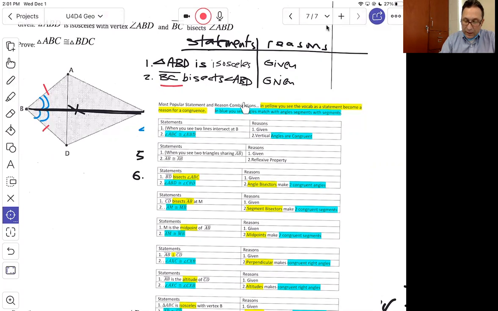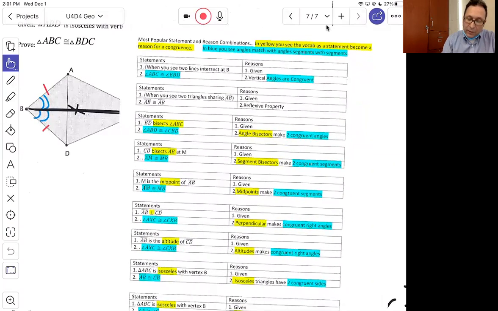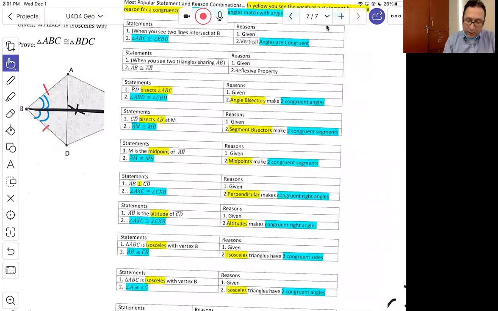You can find that on the formula, or not the formula sheet, I said it again. You could find that on the fact sheet right here, that when you're handed an isosceles triangle, be prepared to say that there are two congruent sides. Also be prepared to use the fact that there are two congruent angles.